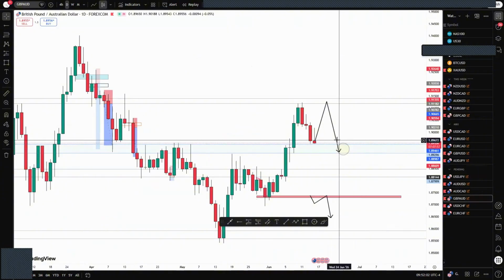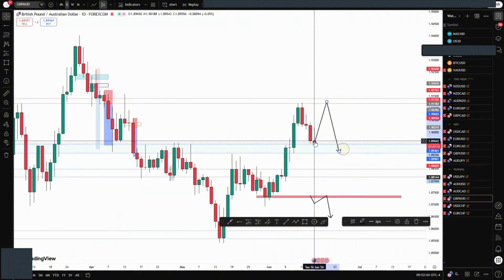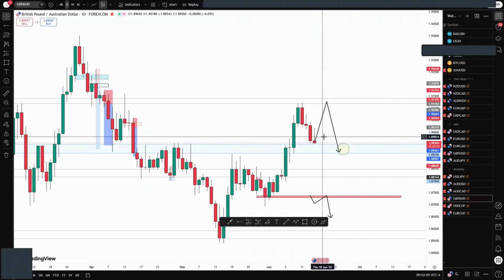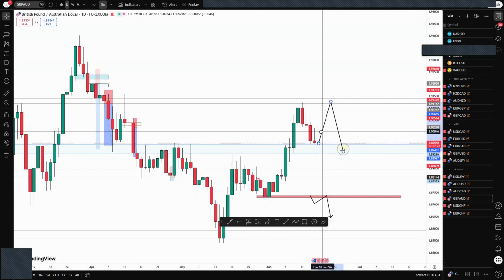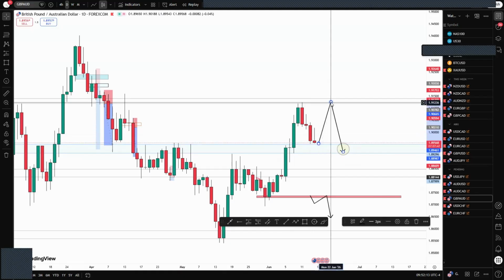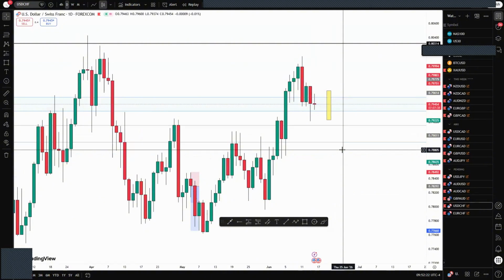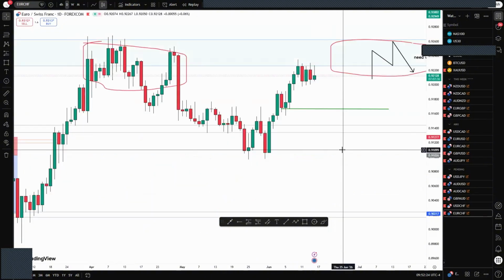GBP AUD, price at this point, this is a very good start. So now all we need is price to buy and take out this higher high so that we can come and have a shift at this level. These two, I'm still waiting for further confirmation.